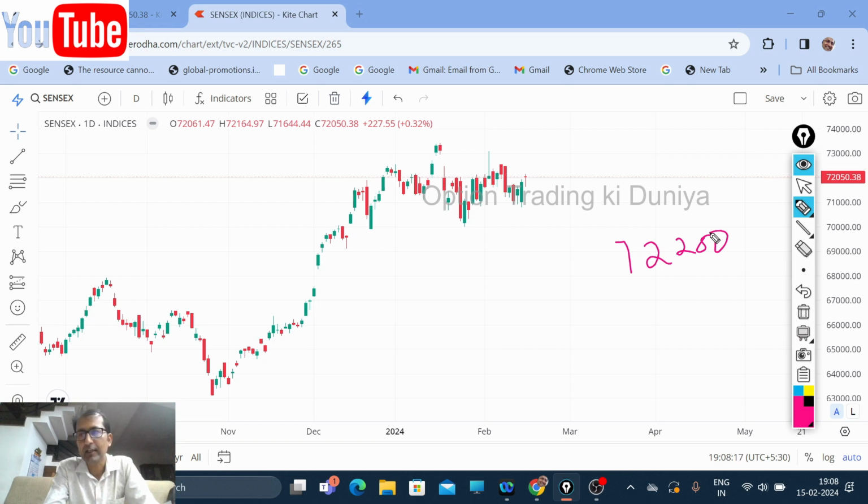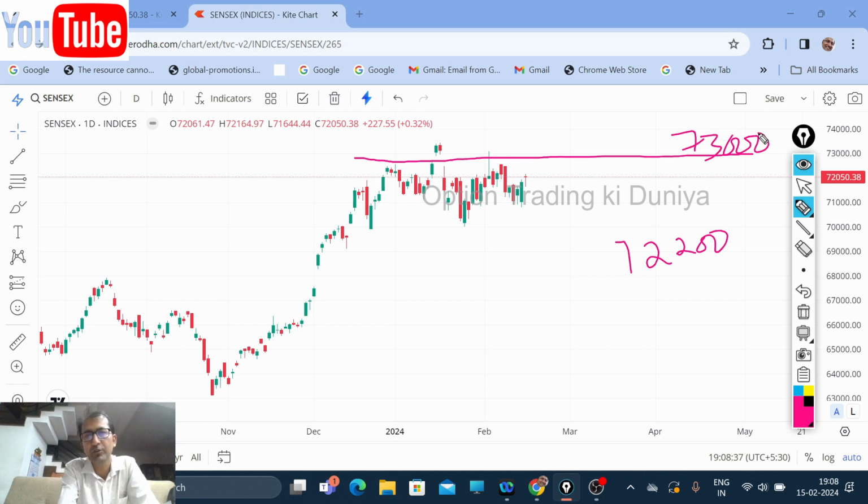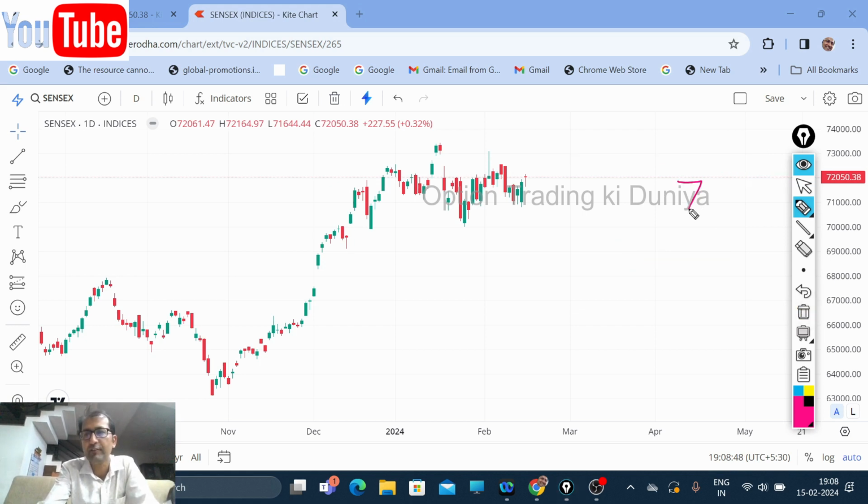Sensex around 72,000 is neutral, and several times it has gone up and traded around 73,000. There is a big resistance around 72,500 levels. So that is a very crucial level. 72,500 is a very crucial level.